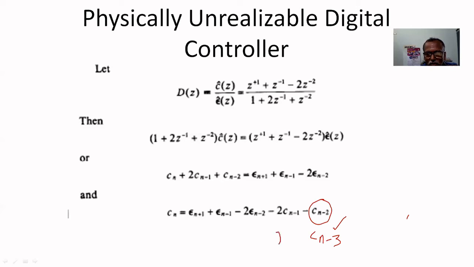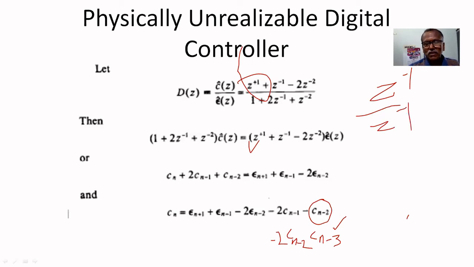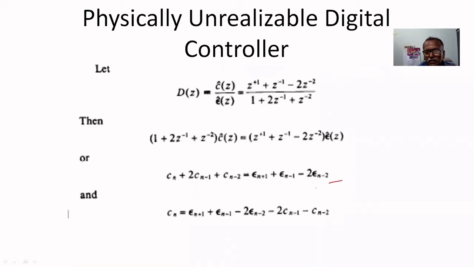Here you will get 2 times c of n minus 2, because all terms must be multiplied by z power minus 1 to make this positive. To remove this positive term, I multiplied the numerator and denominator by z power minus 1. Then what I am getting is c of n minus 3, here minus 2 c of n minus 2, because we are multiplying this also by z power minus 1.